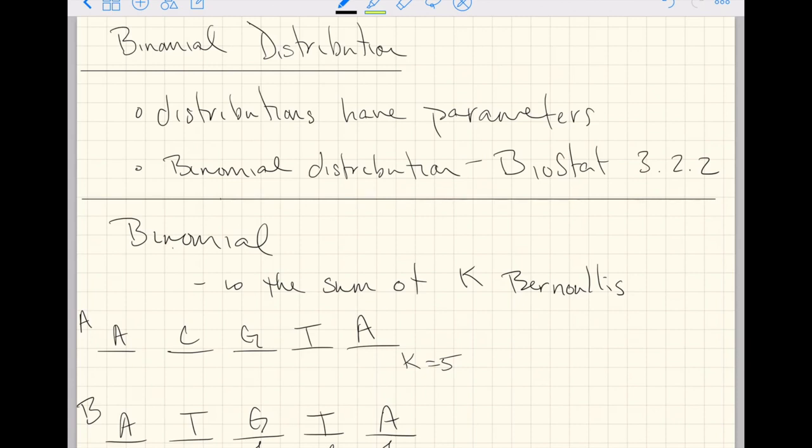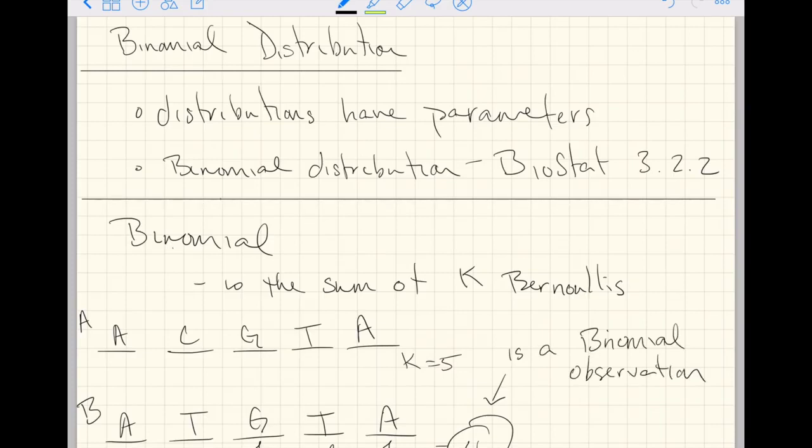At the first site, they match, so we give it a 1. There's one Bernoulli. At the second site, they do not match, so we give it a 0. At the third site, they do match, so we give it a 1. Fourth and fifth sites match, so we give them 1s. The sum of these 5 Bernoullis is equal to 4, and this is a binomial observation.